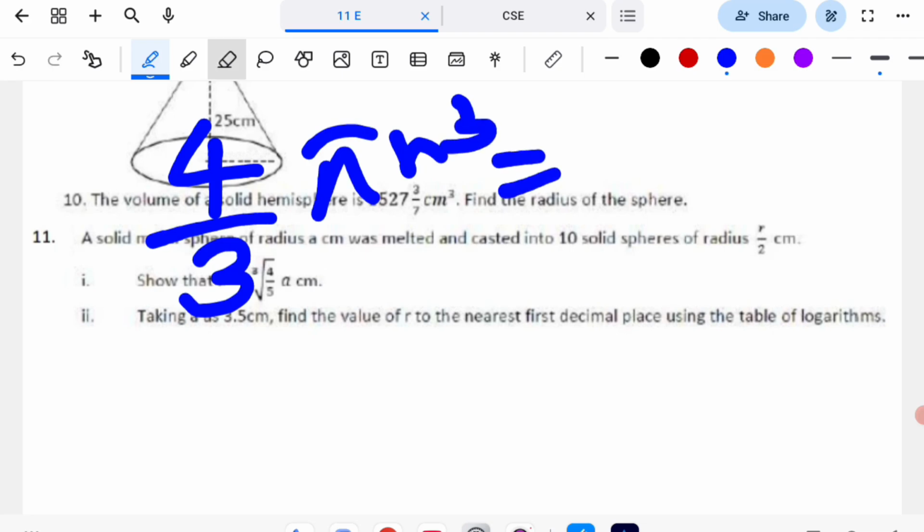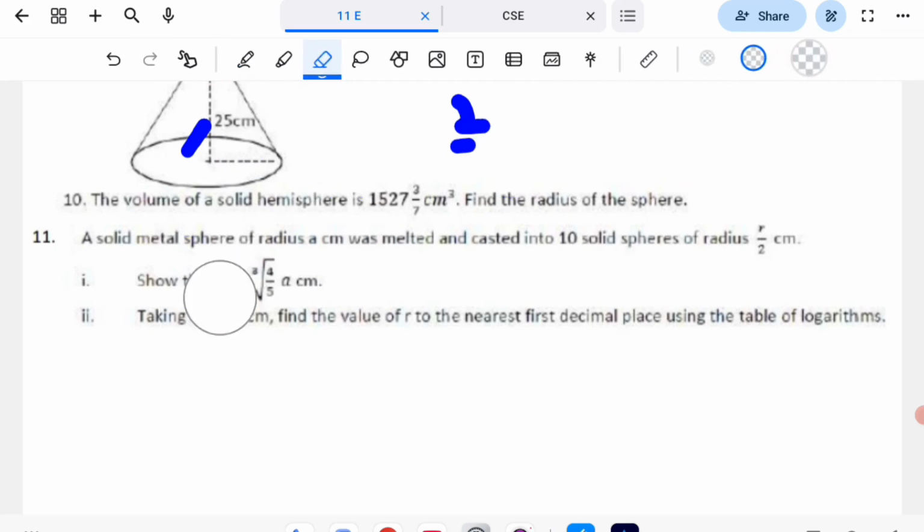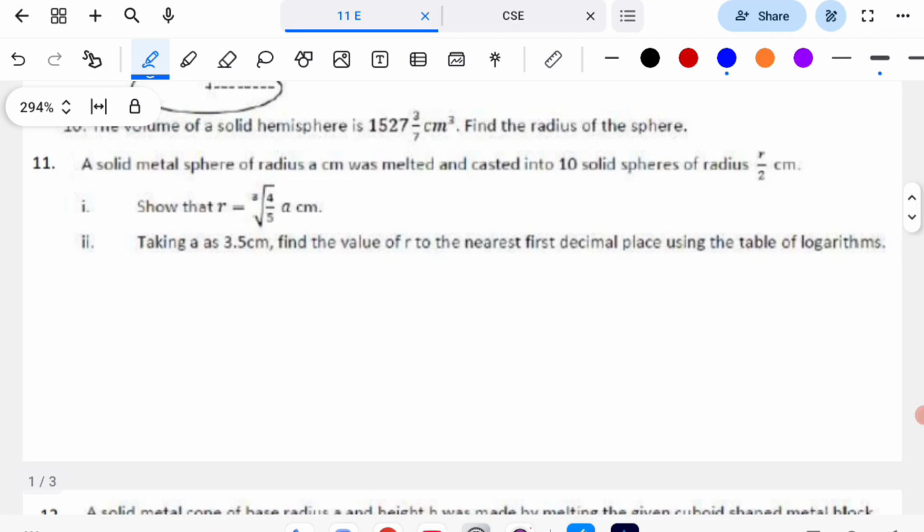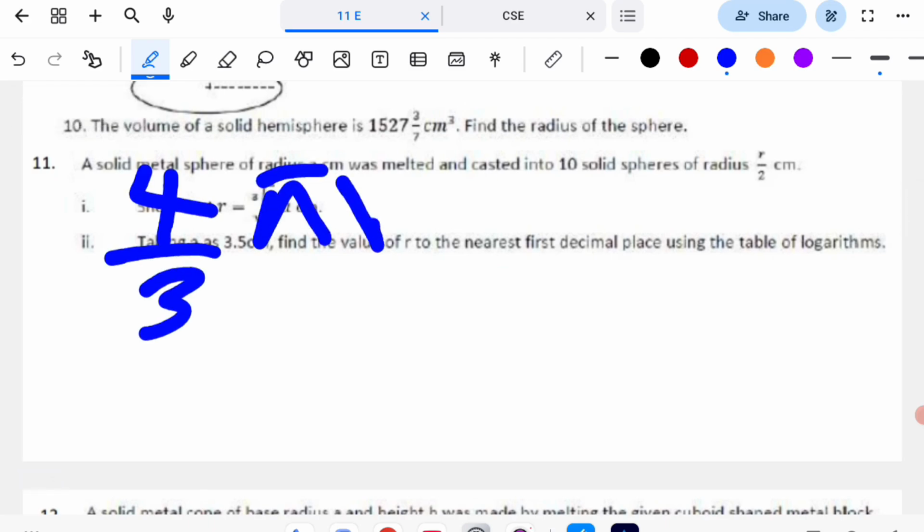It should equal the given value, 1527 and 3/7.